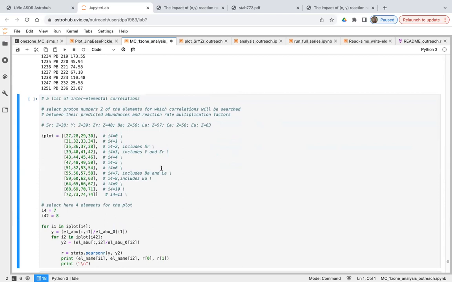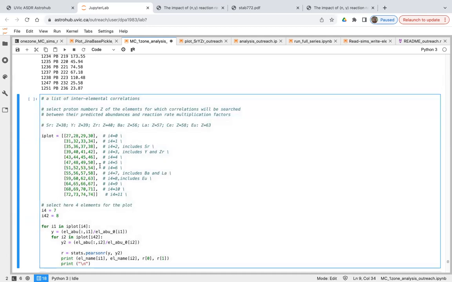Okay, and almost finally, this cell produces a list of the so-called inter-elemental correlations. So which predicted elemental abundances correlate with other predicted elemental abundances. Here again, we need to select two lists to compare. So I4 equals 7, again, includes barium and lanthanum, and I4, the second, 8 includes europium.